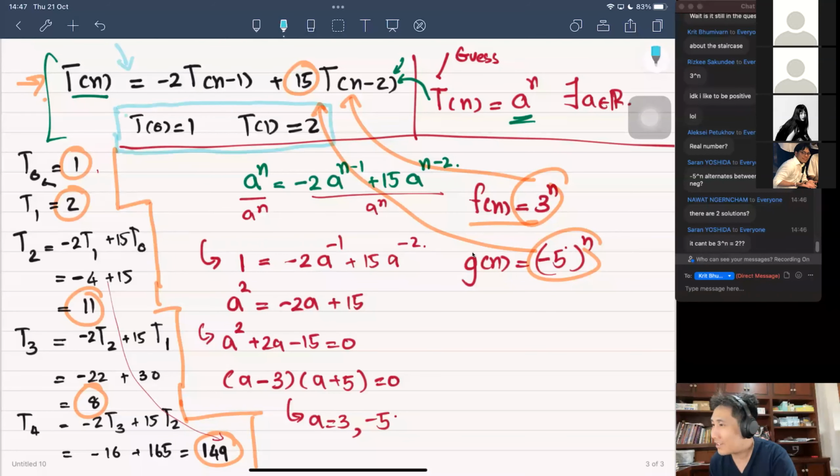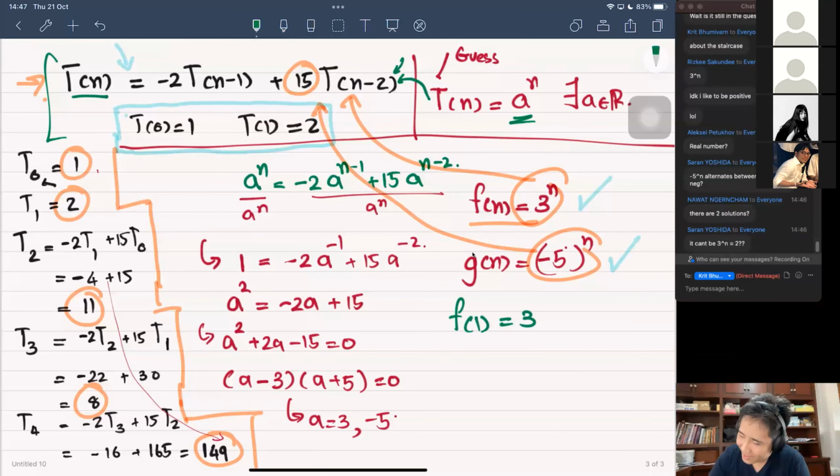When you plug in n equals 1, it should give you 2. But neither f nor g gives you t1, the right thing. f1 is 3, g1 is even worse, it is minus 5. None of these match with this guy.